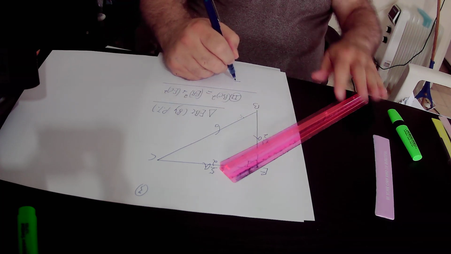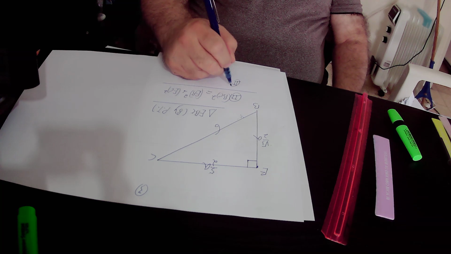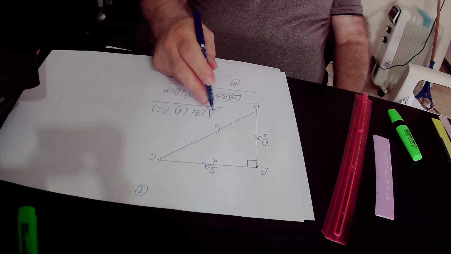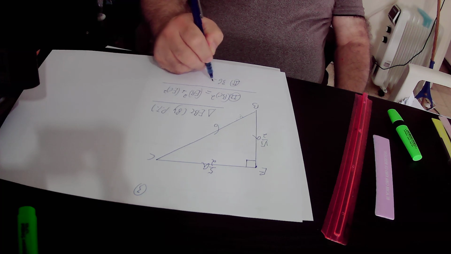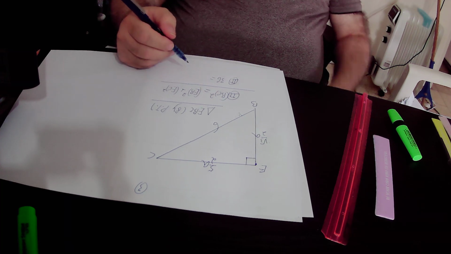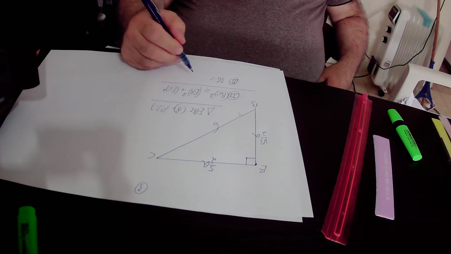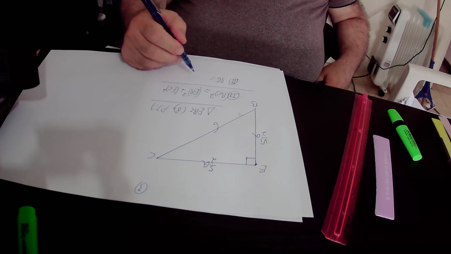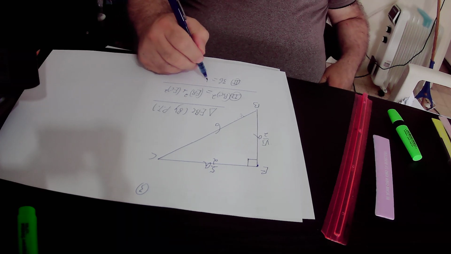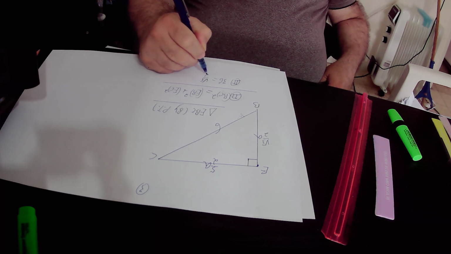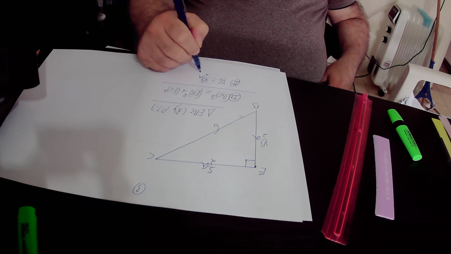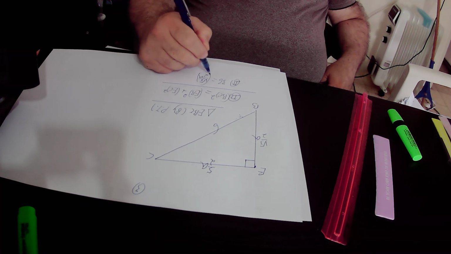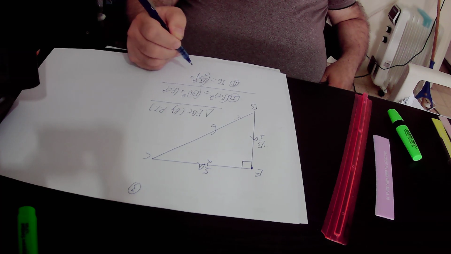So BC equals 6 units, so BC squared will be equal to 6 squared, that is 36. And it is equal to EB squared. EB equals square root of 3 over 2 times A, so EB squared will be equal to square root of 3 over 2 A, squared, plus EC squared.